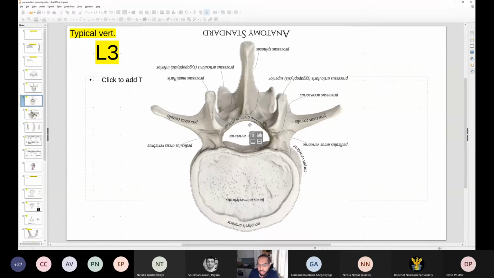So the reason that you have a larger foramen in this region is because in the spinal cord you have two dilations.